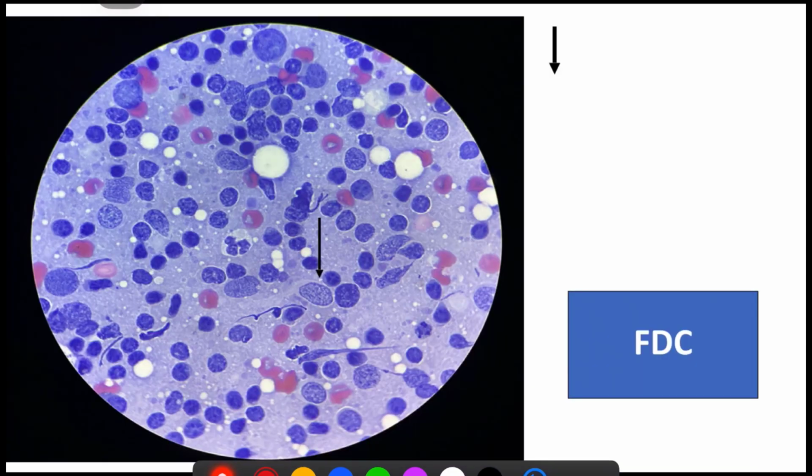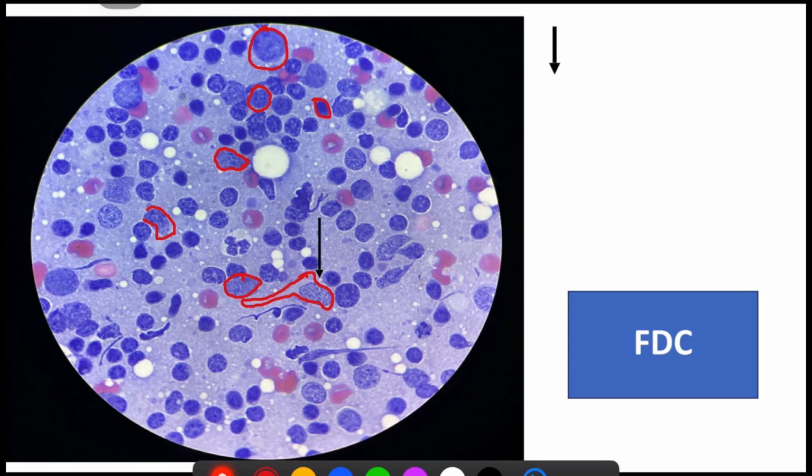So here in this diagram you can appreciate centroblast, centrocyte, dark small lymphocytes, and these are the follicular dendritic cells. So pale nuclei, some round to oval in shape, and yes, it has one flat surface.